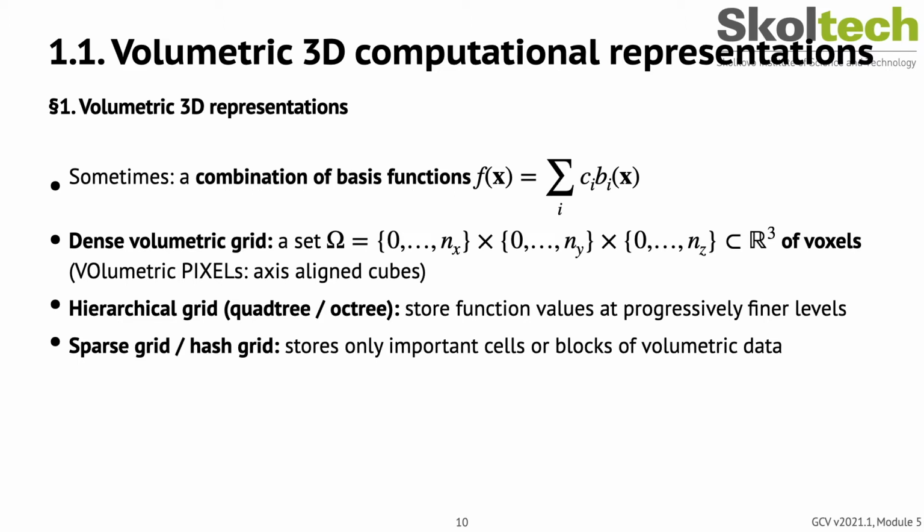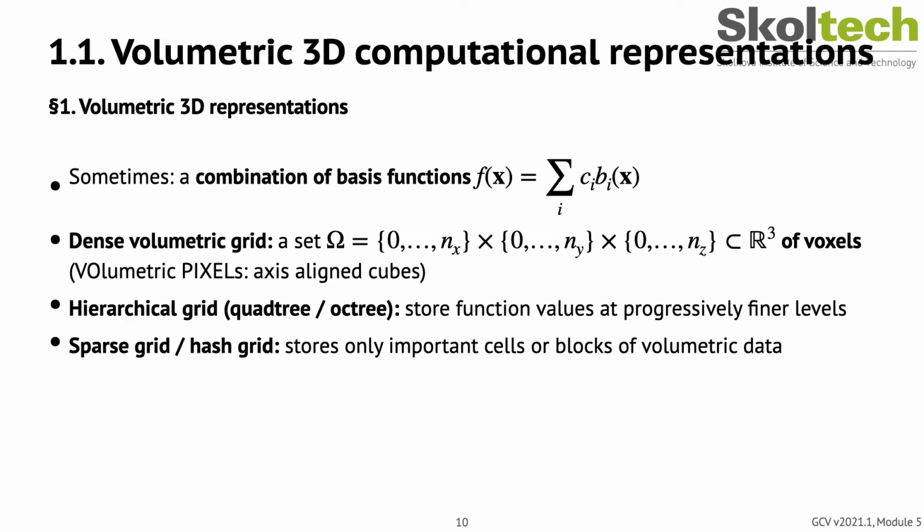And so evaluating f of x basically performs a table lookup. So you have the set of indices, and then you basically query your volumetric grid for a triple of indexes i, j, k.